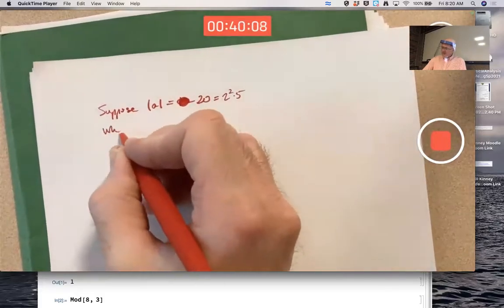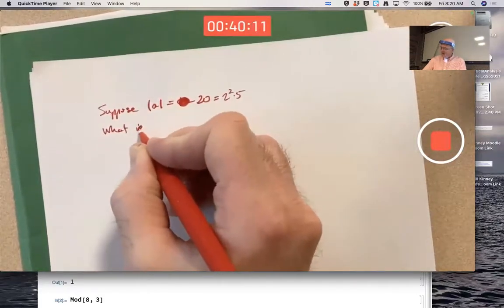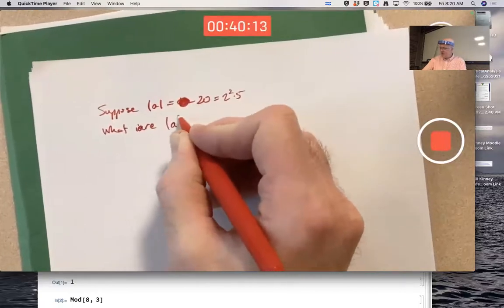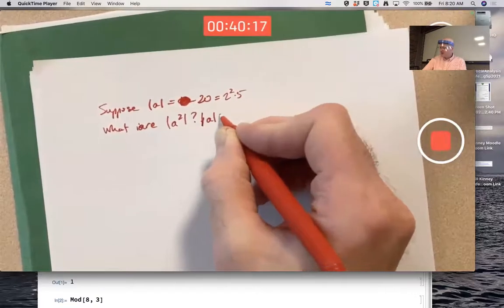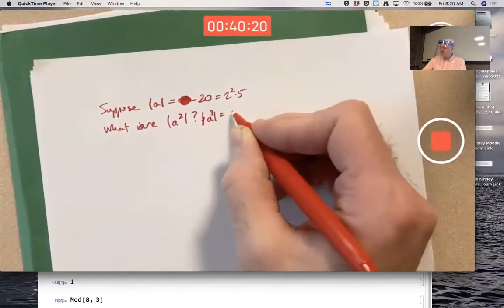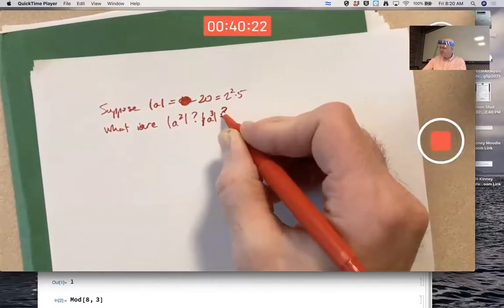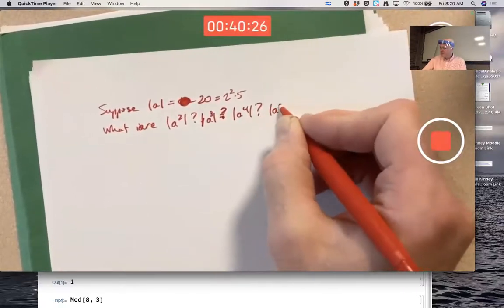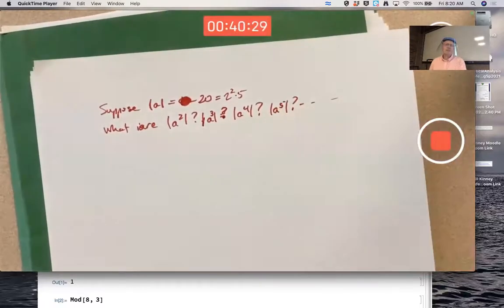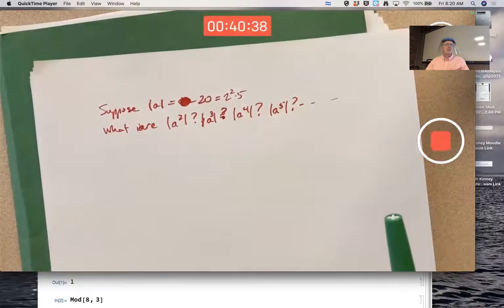What is, for example, or what are, I should say, the order of a squared, the order of a to the 3rd power, order of a to the 4th, order of a to the 5th, and I could keep going. At first attempt, without looking at the theorem, you should just attempt to do the calculation.